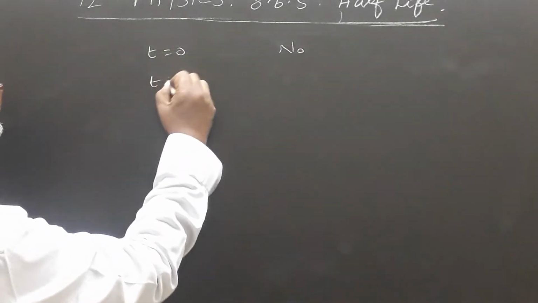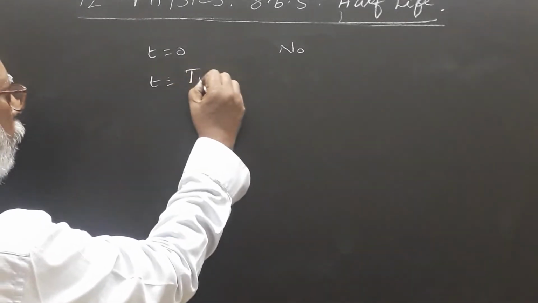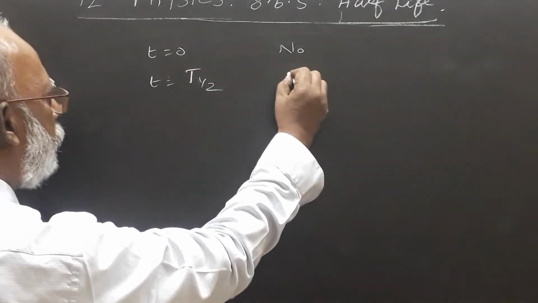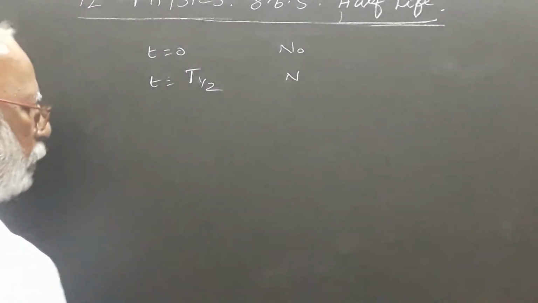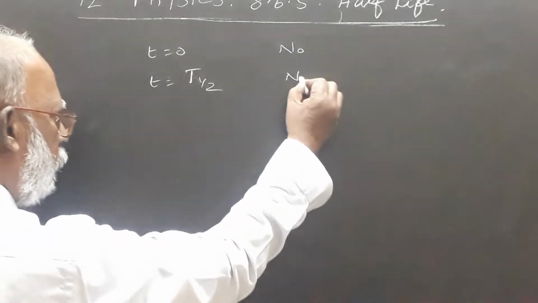When t equal to T half, then the remaining number is N naught by 2.